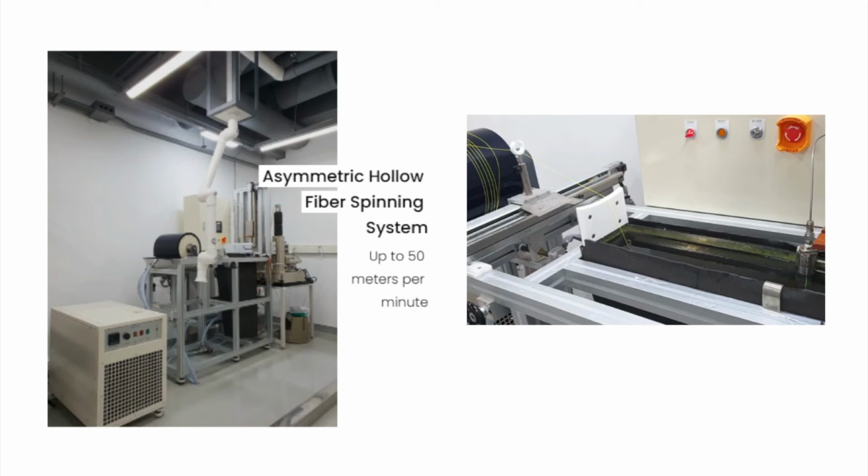This is one of the main technologies in the lab, a hollow fiber spinning system. Like I said, we want to tackle industrial scale synthesis of separation materials that is not limited to lab scale production. Our spinning system can produce up to 50 meters of fibers per minute, which, considering it's just a single fiber producing module, is pretty large and actually applicable to industrial scale as well.